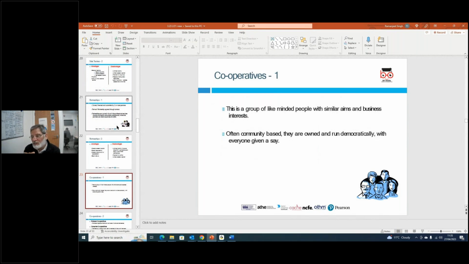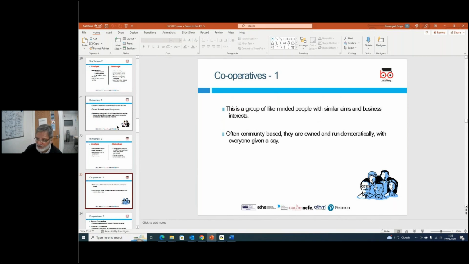Cooperatives are something like the CIS, the Cooperative Insurance Service, the Cooperative Insurance Company, or the Co-op, the business that started in Rochdale long ago. Cooperatives were started by private people who worked there and own the organization.